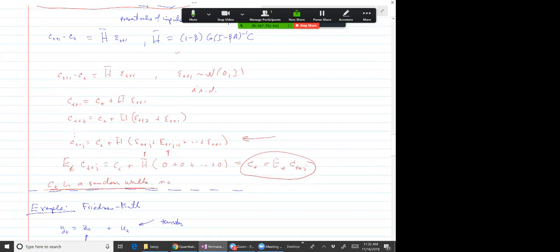No matter what A, C, and G are, that means no matter what the labor income process is, consumption is a random walk.